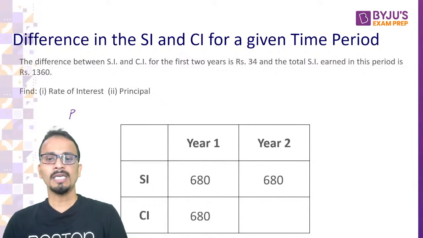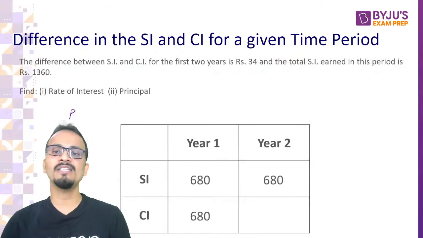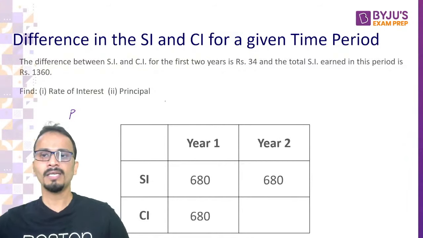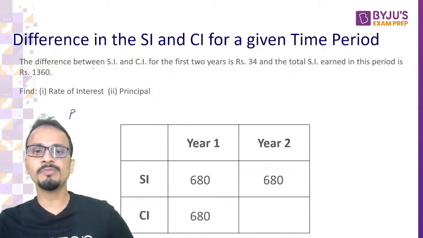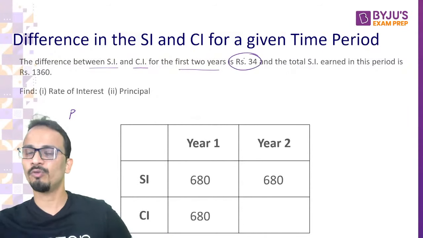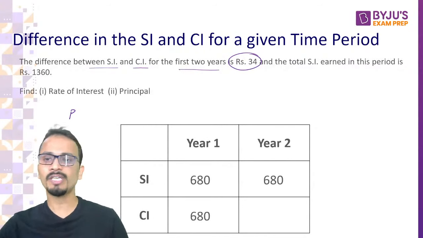Now we are sorted with three values. Let's look at the final and foremost important value, the compound interest for the second year. They are saying that the difference between SI and CI for the first 2 years is 34. That means compound interest for the first 2 years is 34 more than the simple interest for the first 2 years.